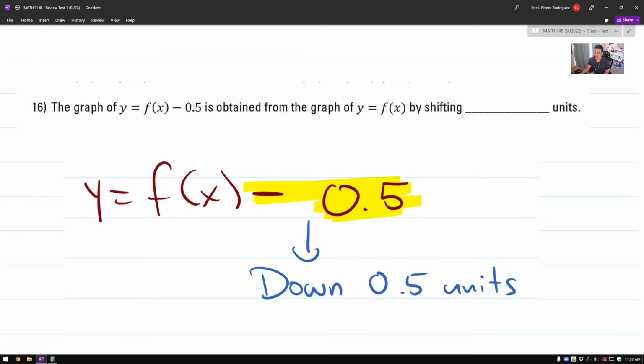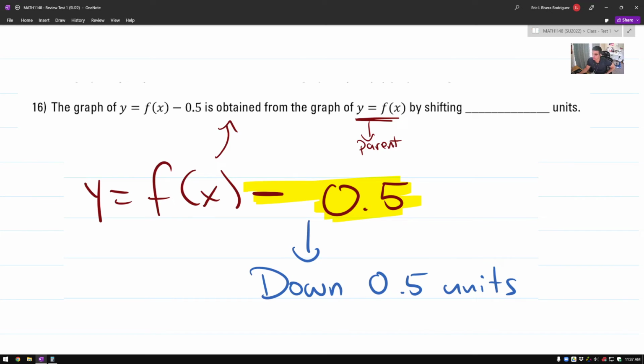So this example that I put here is the same as this exercise. The only difference is that we have a complete sentence and the other one is just me writing math there. So the graph of y equals f of x minus 0.5 is obtained from the graph of y equals f of x, which is the parent function.